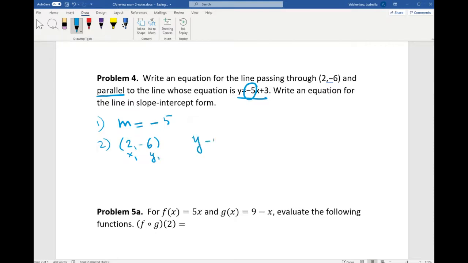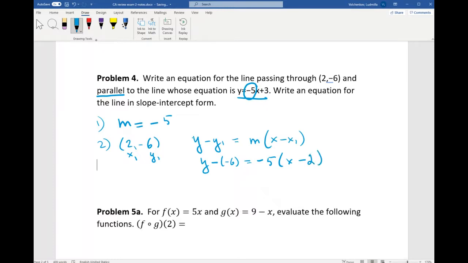Point-slope form is y minus y1 equals m times x minus x1. Let us substitute. y minus y1 is -6, so y minus -6 equals m. m is also given already, -5 times x minus x1, which is 2.